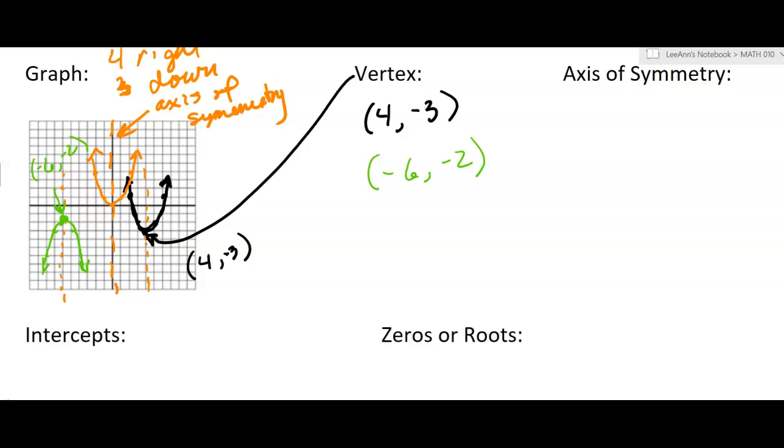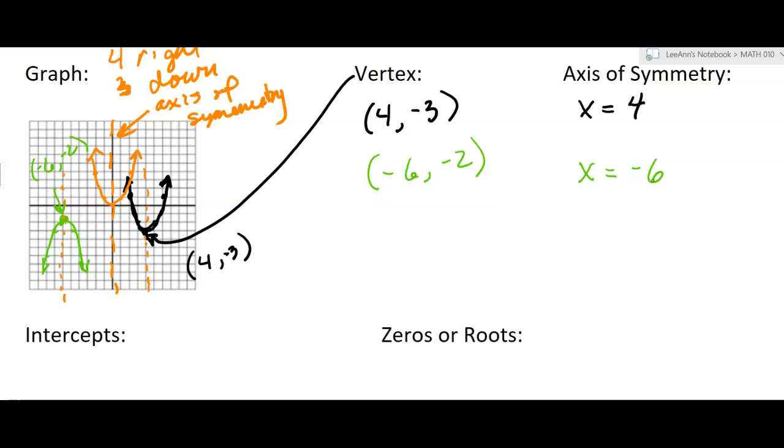So for the black parabola, this is how you write the axis of symmetry: x equals, and then whatever that number is, it's 4, right? So you can read that off the graph. The green one has an axis of symmetry x equals -6. Remember, it has to go through the vertex. That's the thing about the axis of symmetry, okay?